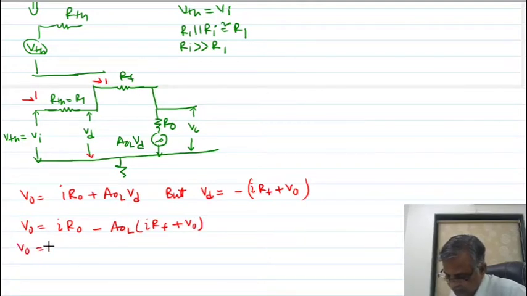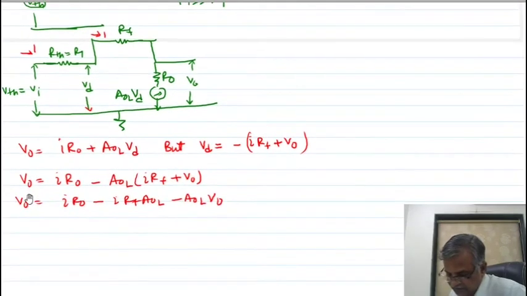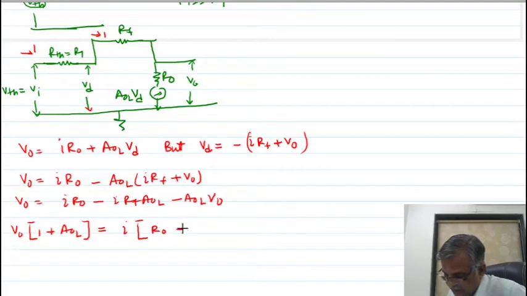So VO I can write IRO minus I into RF AOL minus AOL VO. So I can write VO into bracket 1 plus AOL is equal to current into bracket RO minus AOL into RF.